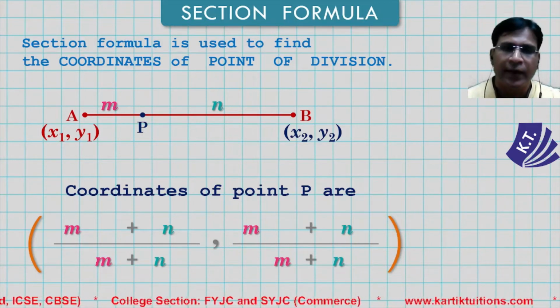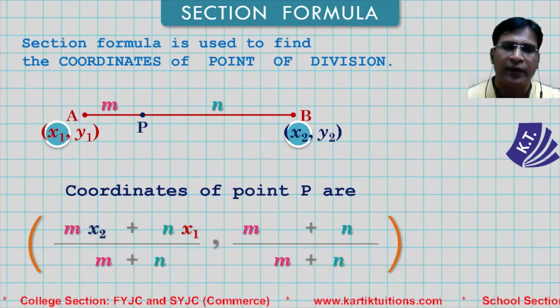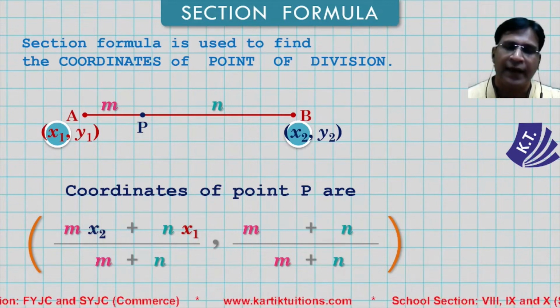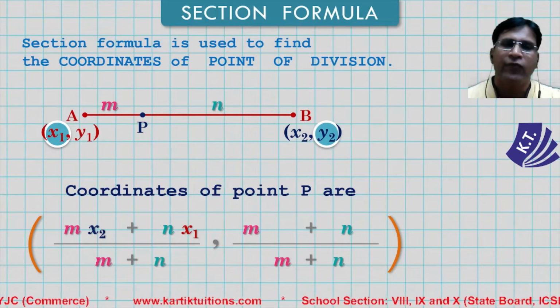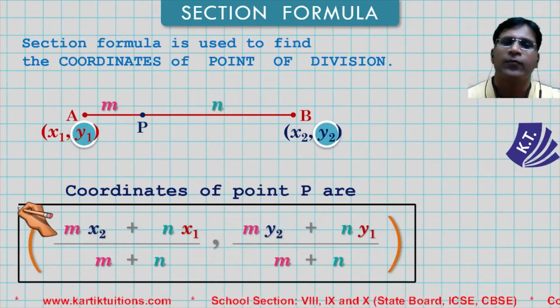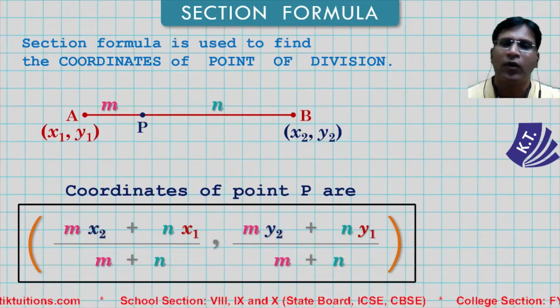So it becomes m into x2 plus n into x1 upon m plus n. That is the formula for the x coordinate of point P. Same way for the y coordinate it becomes m y2 plus n y1 upon m plus n. This formula helps us get the coordinates of the point P, which is a point of division.